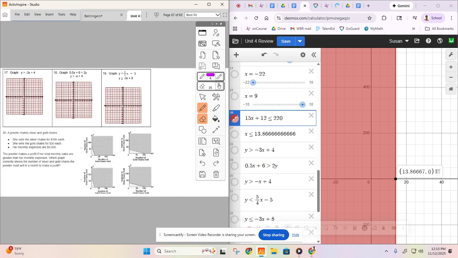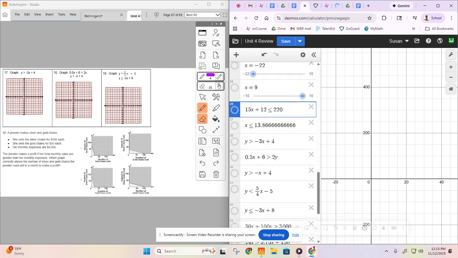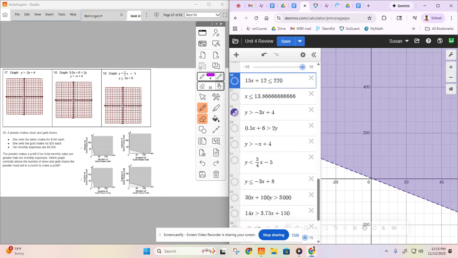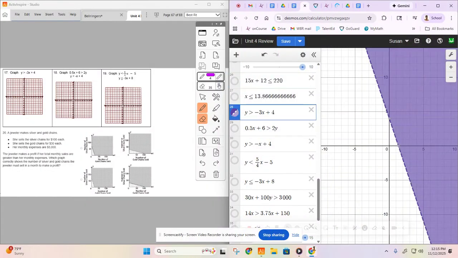Graph these. So I'm going to do that in Desmos right here and look at where it's intersecting. I see that it's going through, actually I'm gonna go to this point here.